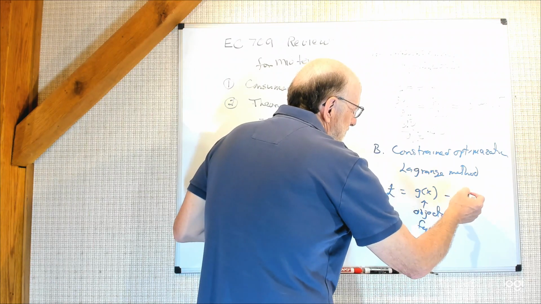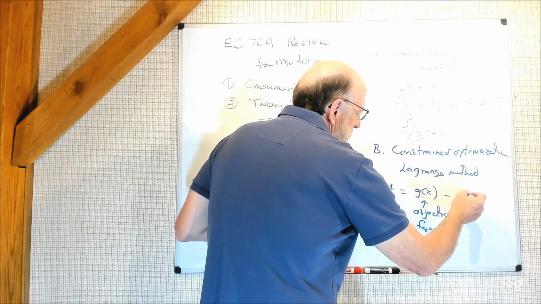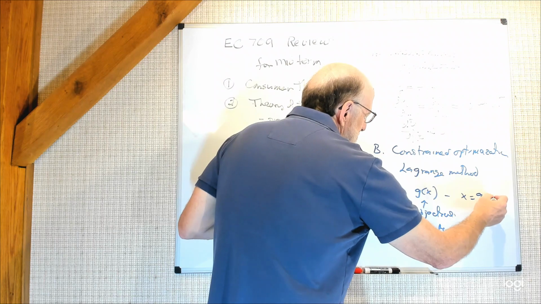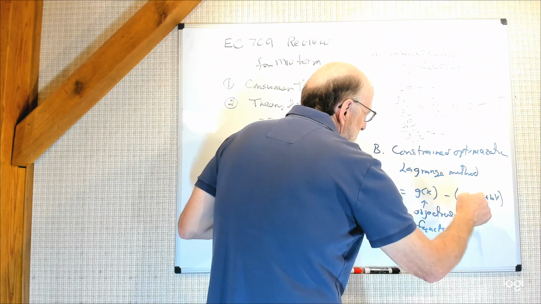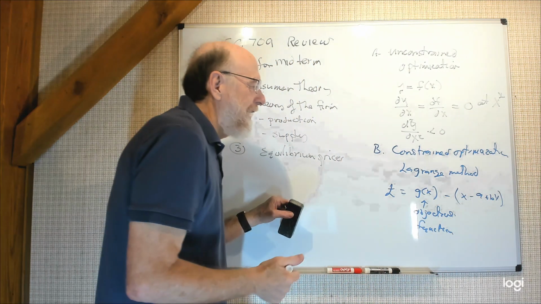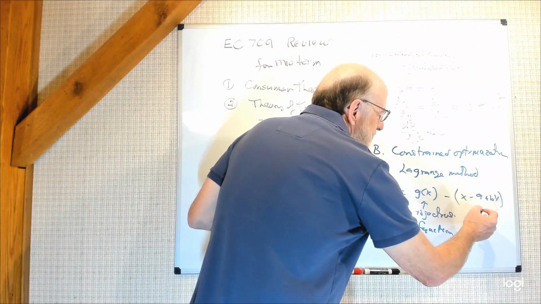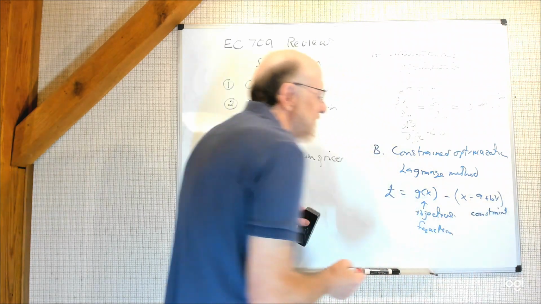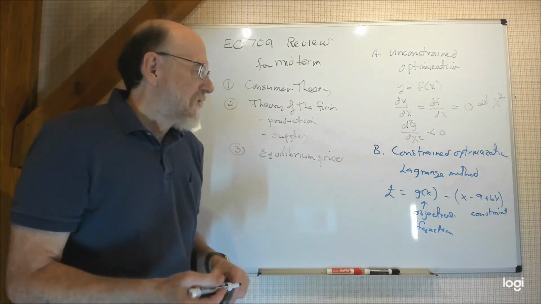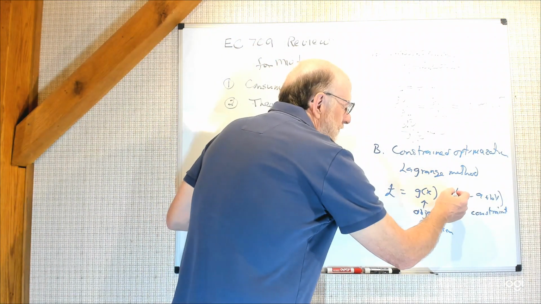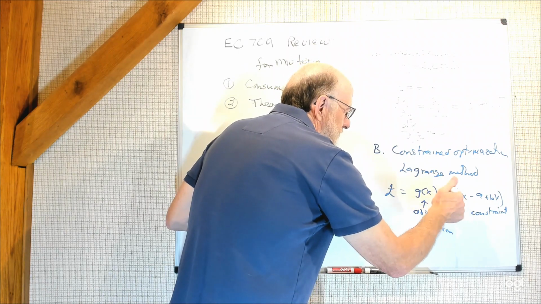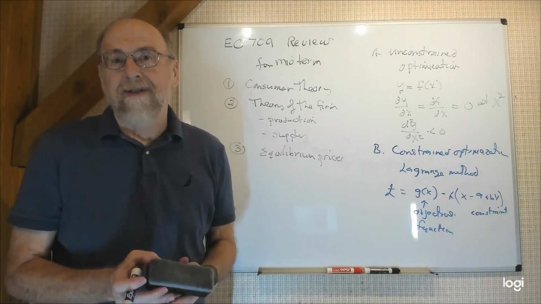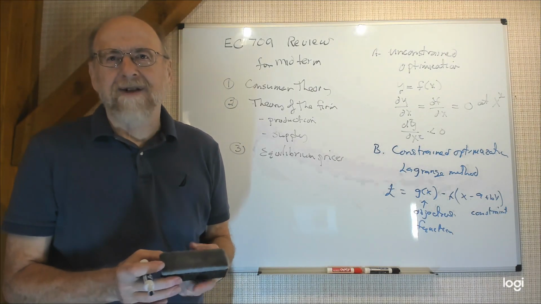And we have some kind of constraint, and we take that constraint and put it in a form equals 0. So there are two parts to that, and then we multiply that constraint function by this term lambda. Of course, it doesn't have to be lambda, but that's the convention.